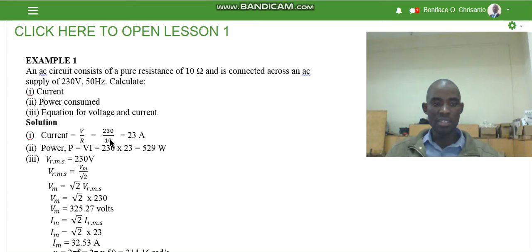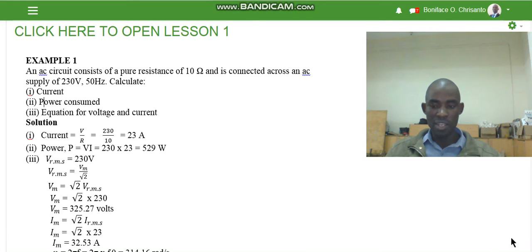Because the value has been obtained from the root mean square value of voltage, the current obtained is also the root mean square of current, IRMS, which is 23.